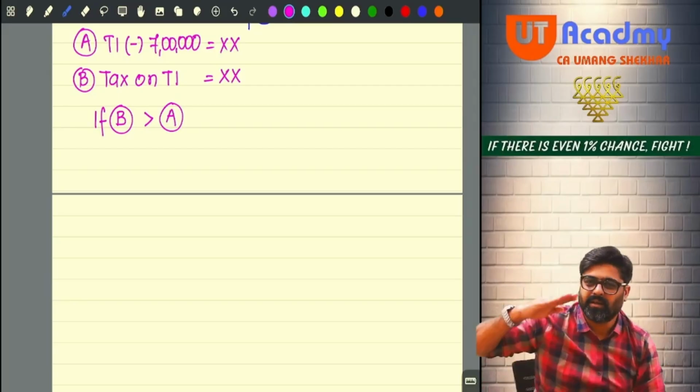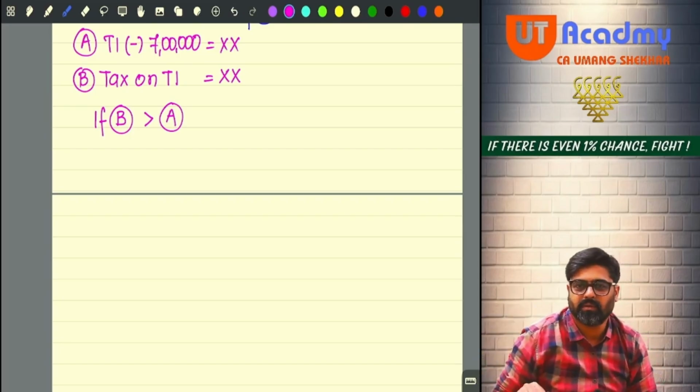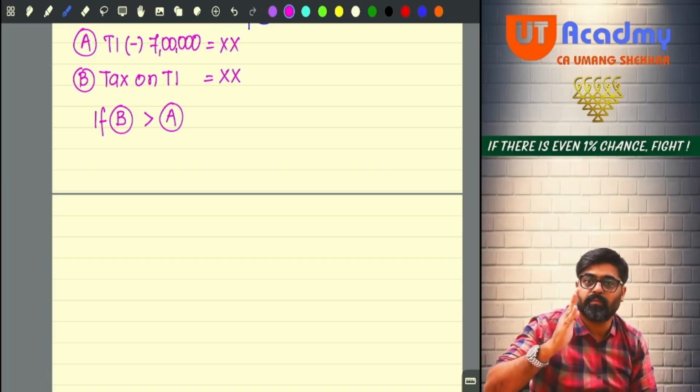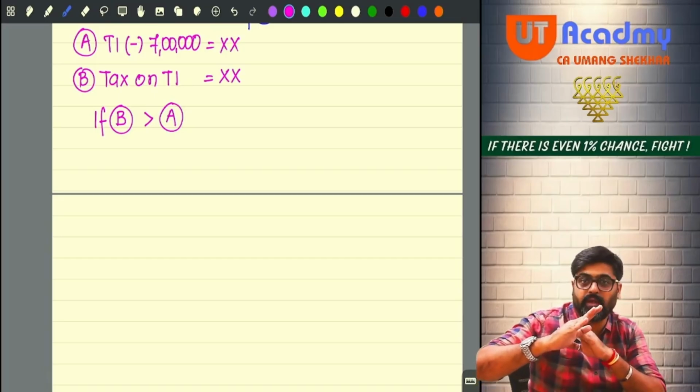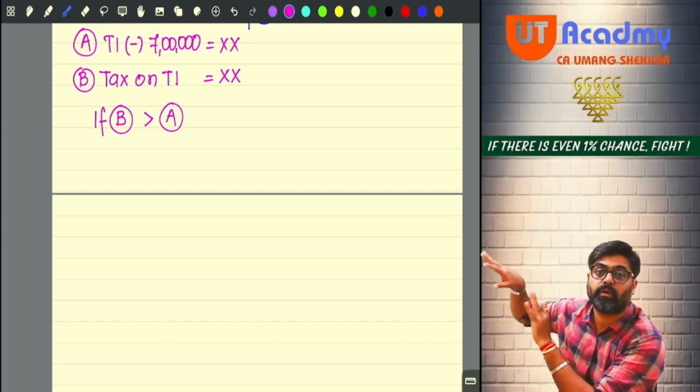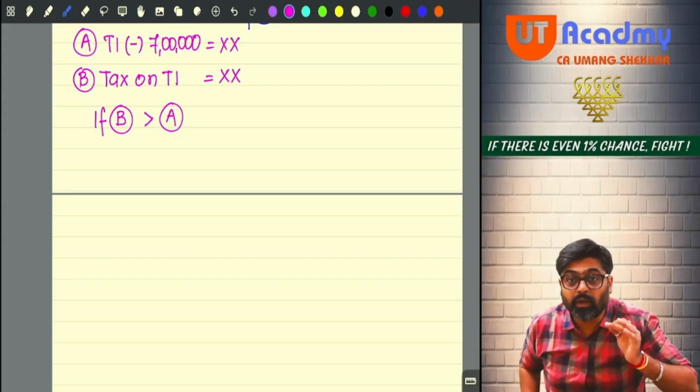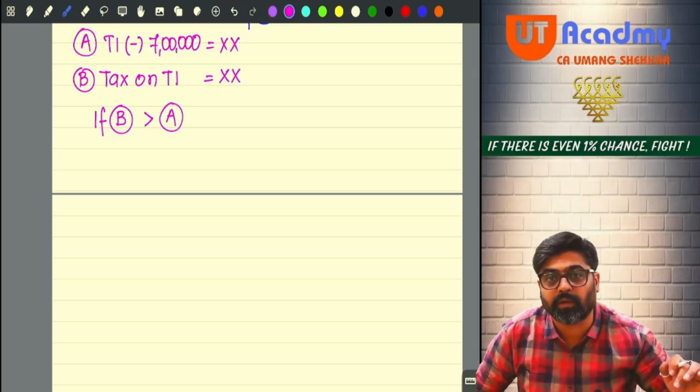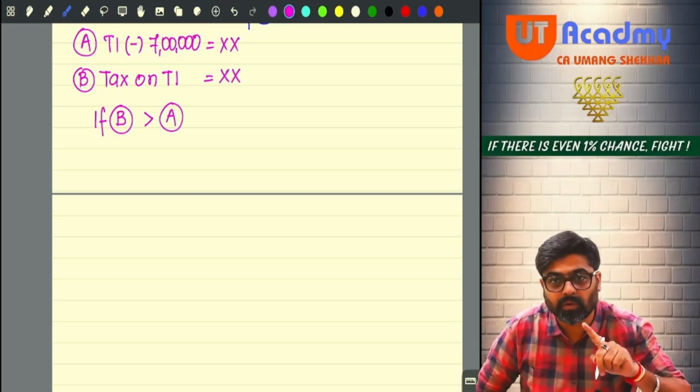Just imagine, till 7 lakh you were getting rebate of 25,000. And the moment your total income became 7 lakh 5,000, the entire 25,000 benefit washed out, and you are supposed to pay 20,500. Is it good? No, na?